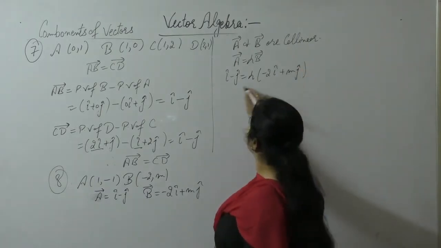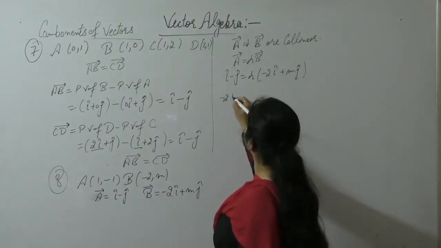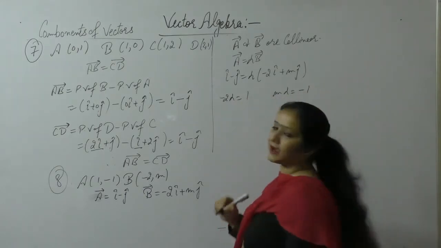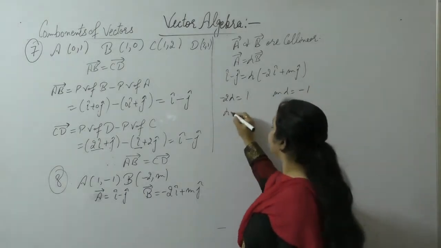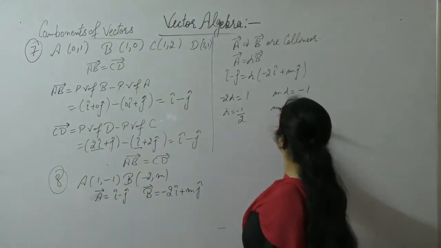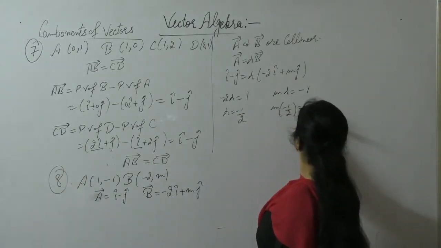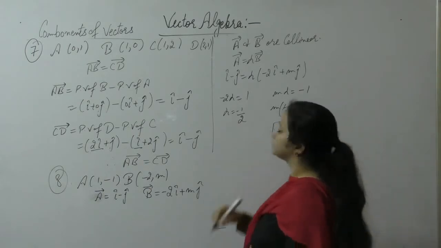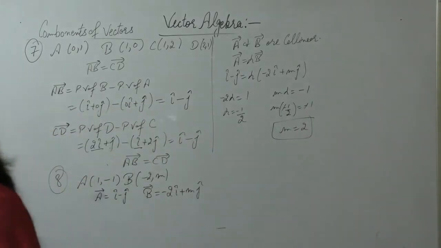Now equate the coefficients. Minus 2 lambda is equal to 1, m lambda is equal to minus 1. From here we get lambda as minus 1 by 2. So we get m as 2.